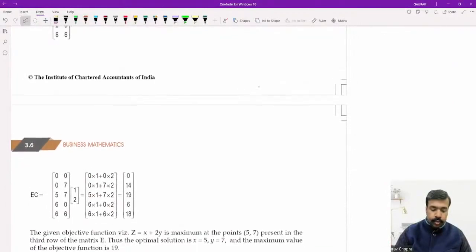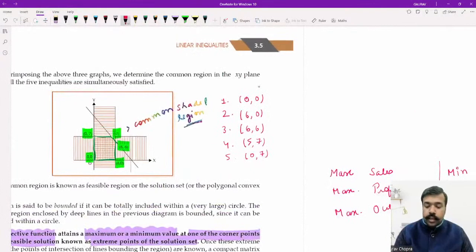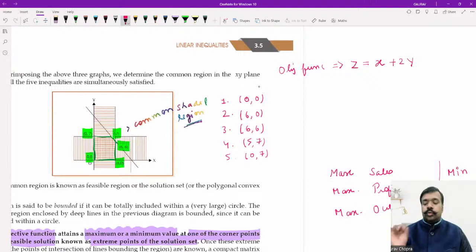Z equal to 2x plus 2y. Yes. Here, the objective function is Z equal to x plus 2y. And our objective is to maximize. Now, simply what we have to do is put all these coordinates in the objective function.